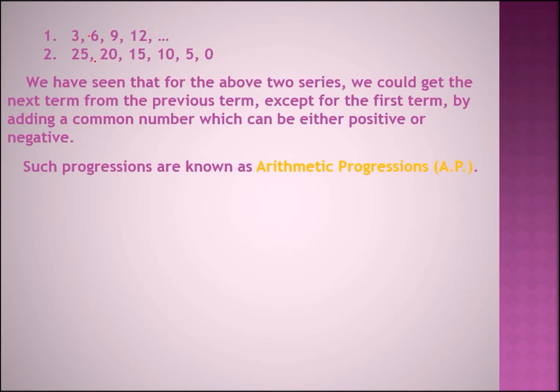Those series are known as progressions that we have already learned, and the progressions for which the next number can be obtained from the previous ones by adding some common number are known as arithmetic progressions. For these two series, we can add a common number to every number and get the next number. And that common number can be either positive or negative.